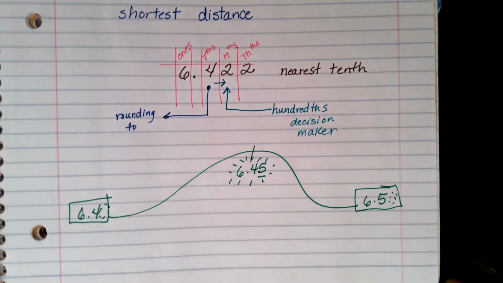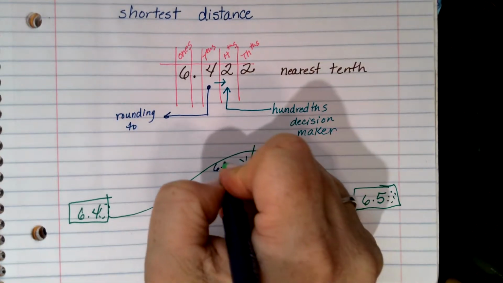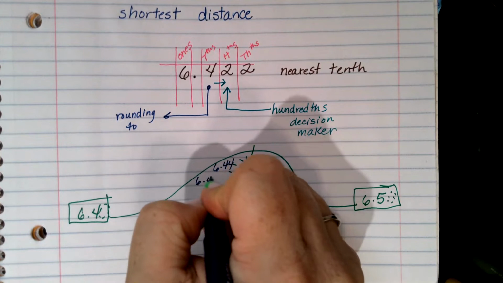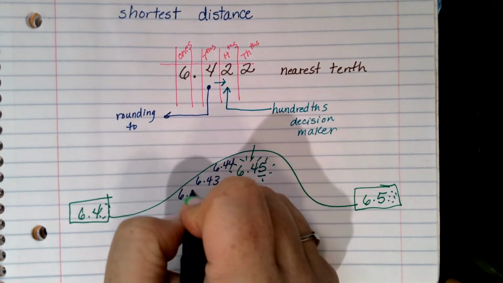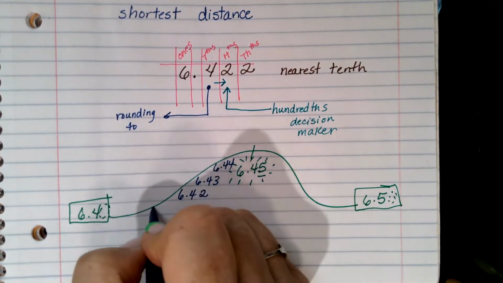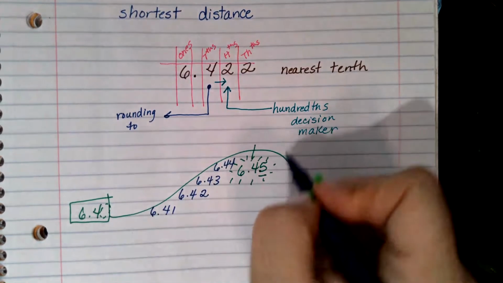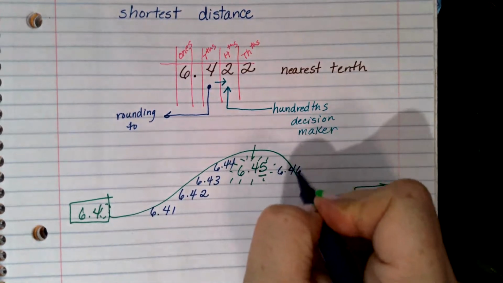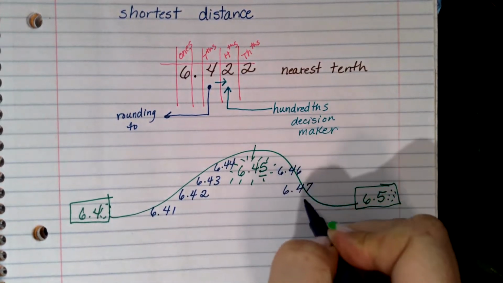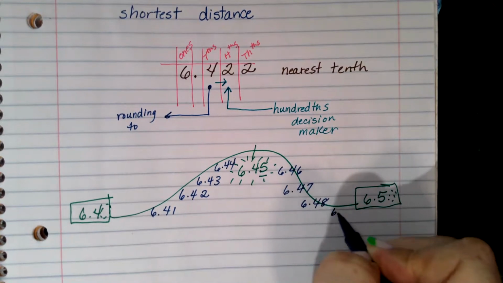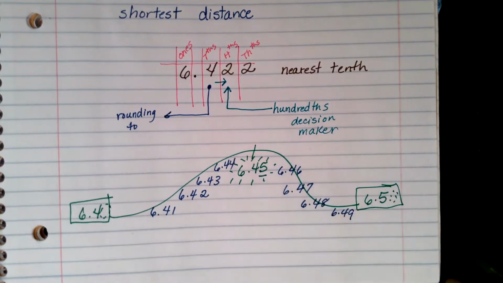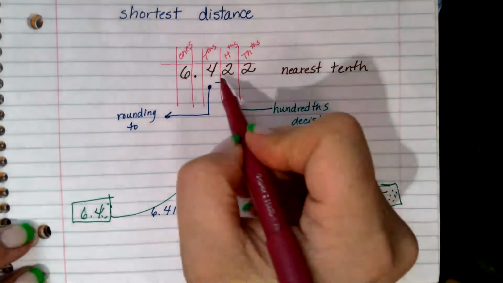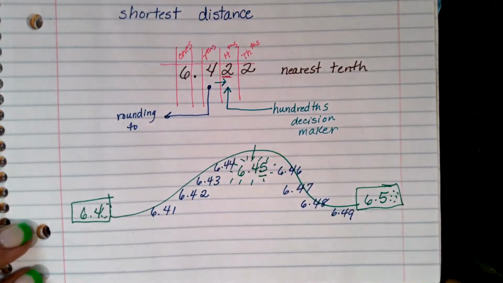Okay. Now, count backwards. 6.44, 6.43, 6.42, 6.41. This goes forward, 6.46, 6.47, 6.48, and 6.49. My eyes are going crooked trying to do all of these problems. So when we look at our decision maker, we've got 6.42.